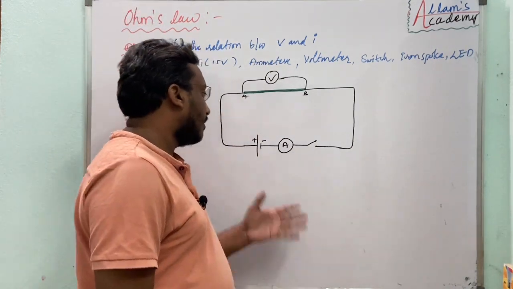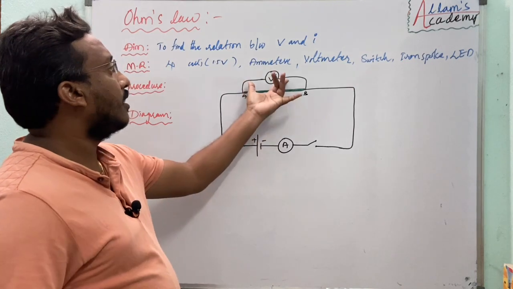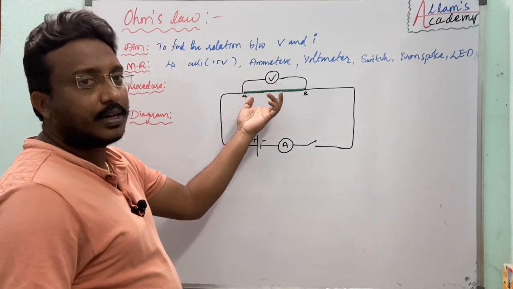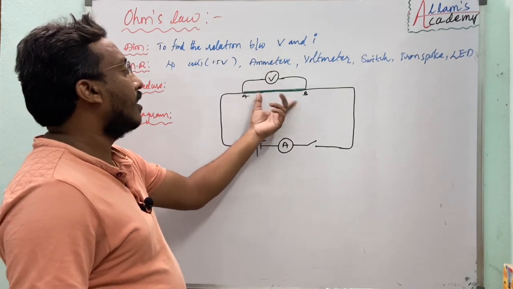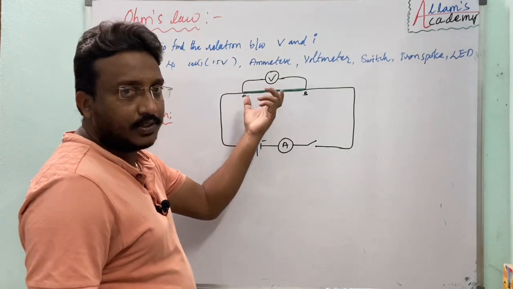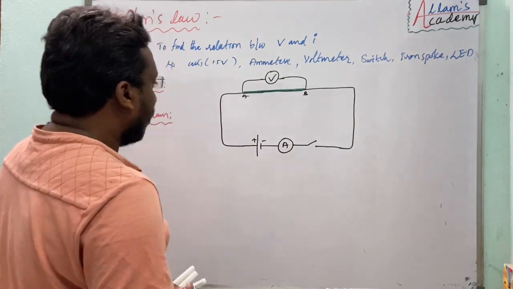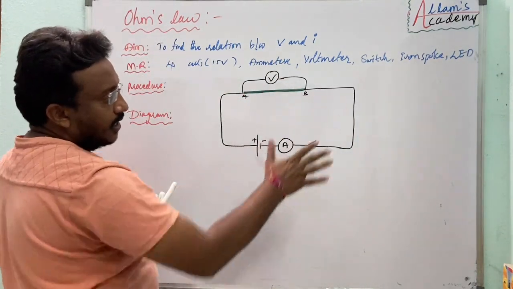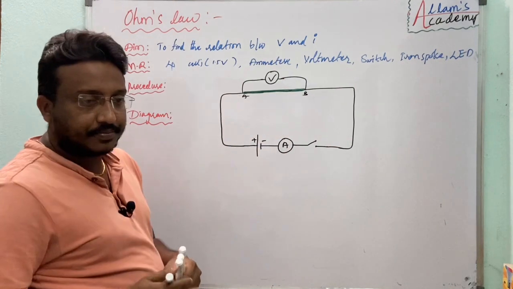An ammeter is connected in series, then the voltmeter is connected to measure the potential difference across a conductor between 2 points, right? This is the procedure to arrange the equipment, and this is the diagram, right?